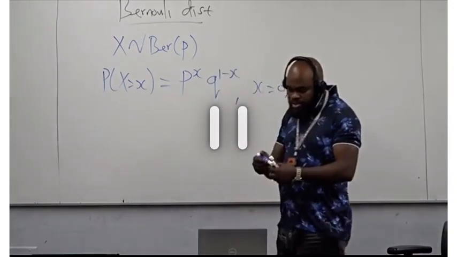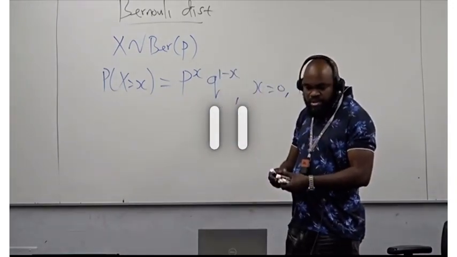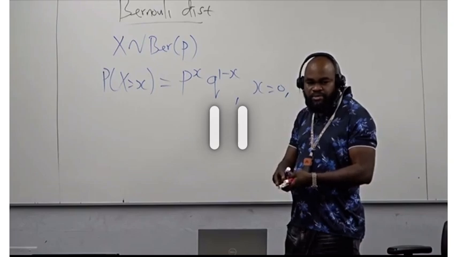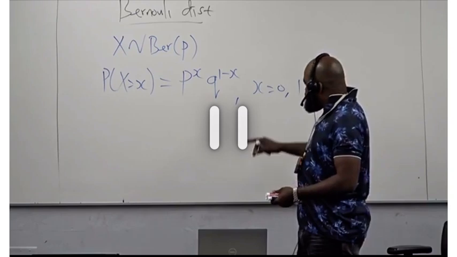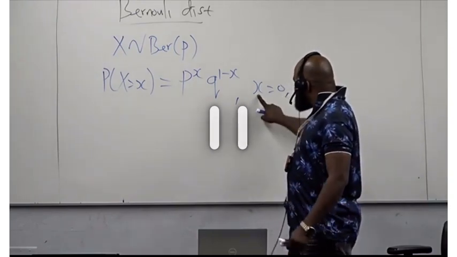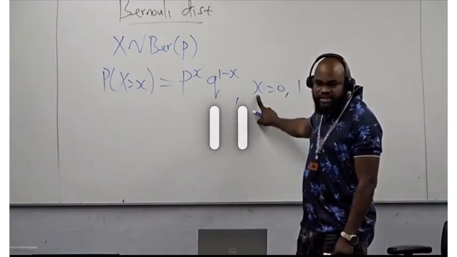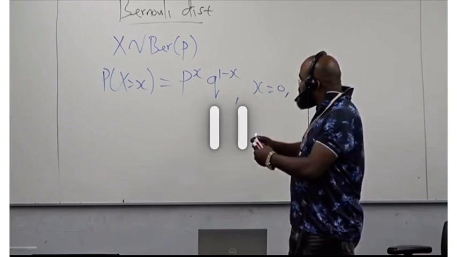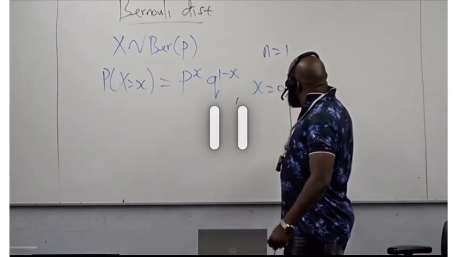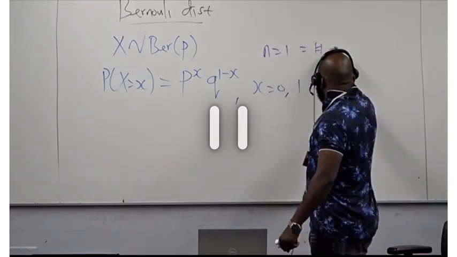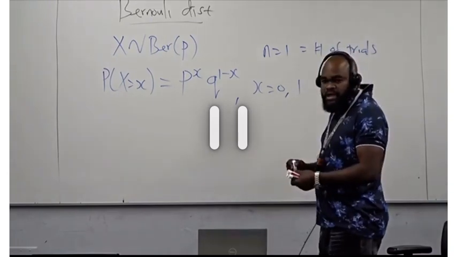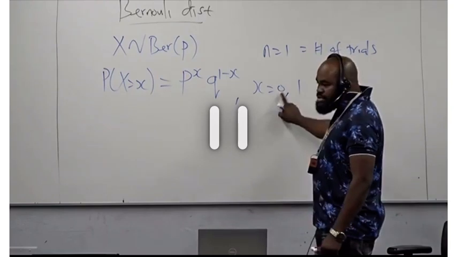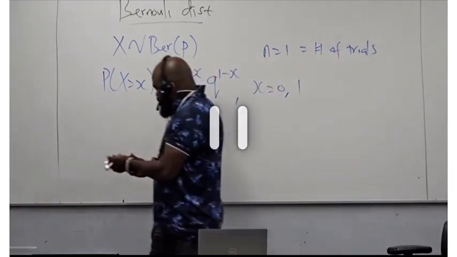Now, what do we use the Bernoulli distribution for? We use it to model a single trial with two possible outcomes. Here x is the number of successes. If I try once, the number of trials is 1, and we see 0 or 1 success.